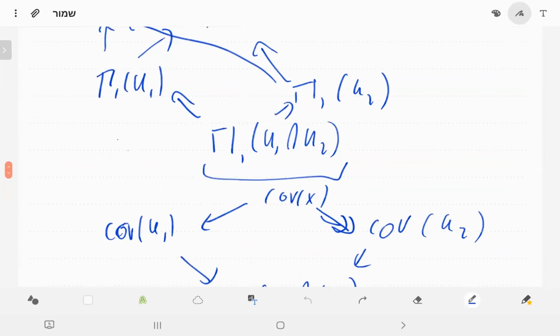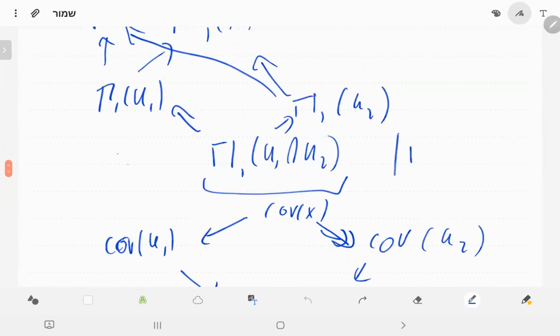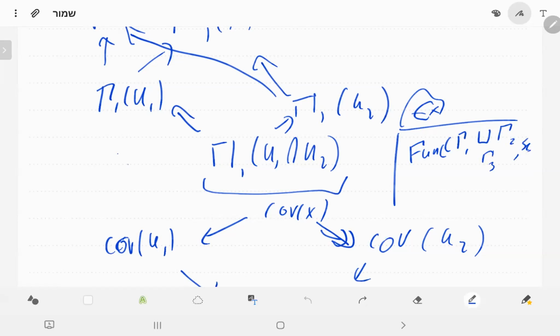Okay, let me leave it as an exercise. Exercise: functors from the push out Gamma 1, Gamma 2 over Gamma 3 to sets is canonically equivalent to the fiber product of functors from Gamma 1 to sets times functors from Gamma 2 to sets over functors from Gamma 3.